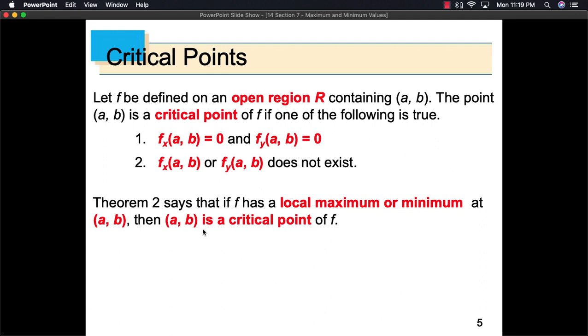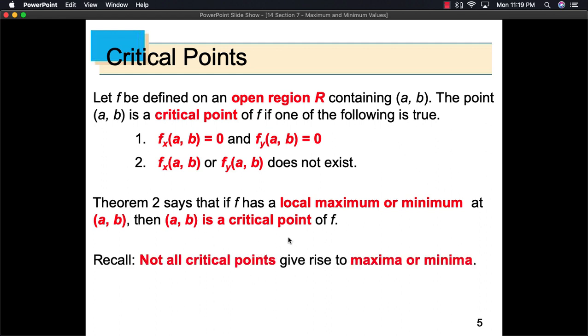Theorem 2 does state that if f has a local maximum or minimum at the point (a, b), then (a, b) is a critical point of f. Keep in mind, not all critical points give rise to maxima or minima. Think about the function from calculus, y equals x cubed.